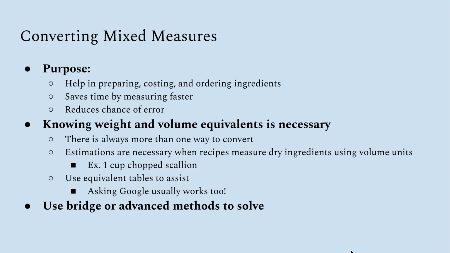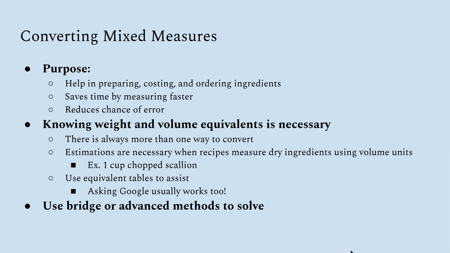So sometimes though we do convert between weight and volume, depending on the recipe and the circumstances. Some equivalent tables exist already, and we can use Google to help us find them, or even take the AI suggestions, the first thing that pops up on your Google search, more or less to have an average amount.